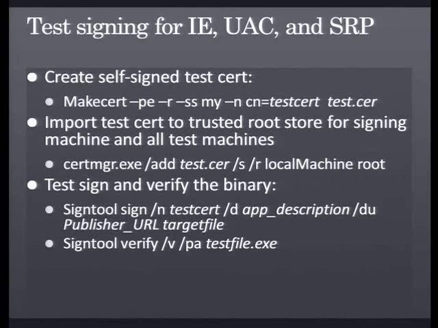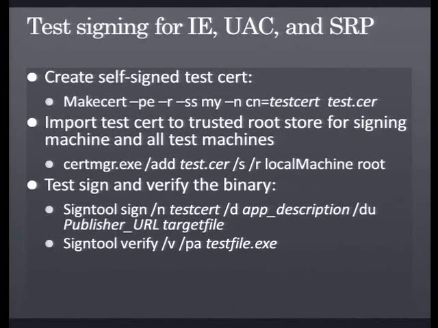The procedure to test, sign, and verify the binary uses signtool. Important to note, /D is where the application description displayed by the UAC prompt is set. Also, /DU specifies a URL that may be displayed in certain certificate verification UI, signature verification UI.